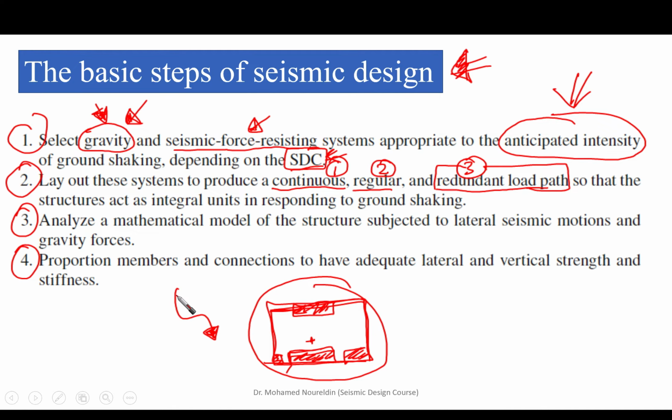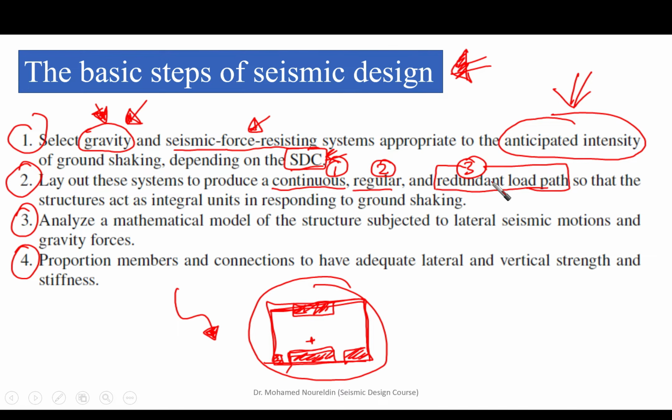So redundancy means different load paths. Whenever one element is going to fail, we are going to find an alternate load path, and another element is going to receive and transmit the load safely. So this is the meaning of redundant load path.